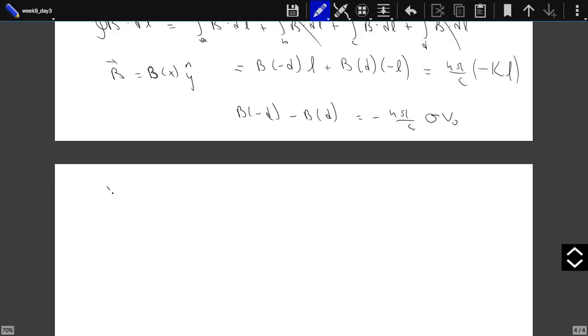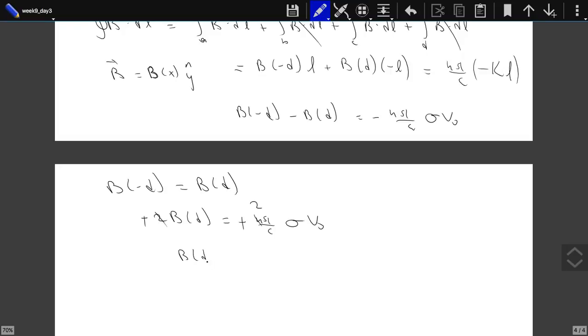Now furthermore, we just said that B of minus d should be equal to B of d. But that tells me that minus 2 B d is minus 4 pi over c, sigma V0. I can cancel the minus 2's. B at the point d is 2 pi over c, sigma V0.